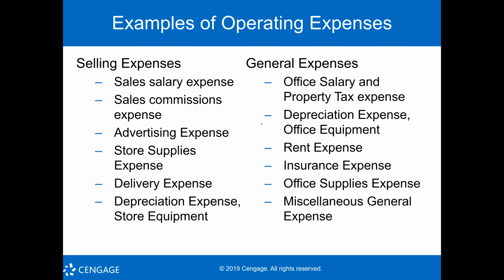All right, so here's a more inclusive list. Selling expenses: sales salary expense, sales commission expense, advertising expense, store supplies expense, delivery expense, depreciation expense on the store equipment. And then general expenses: office salary and property tax expense, depreciation expense, rent expense, insurance expense, office supplies expense, miscellaneous general expense.